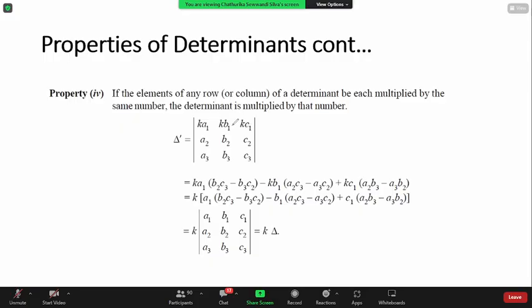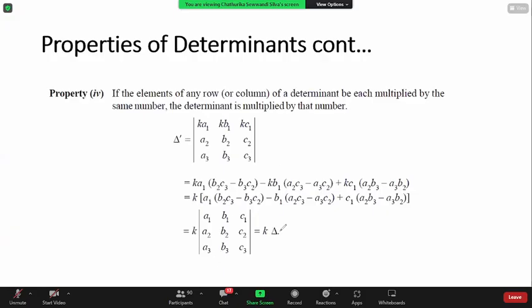For example, here as you can see, all the elements of the first row are multiplied by the constant k.